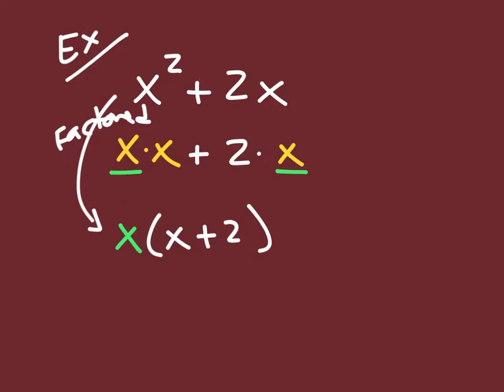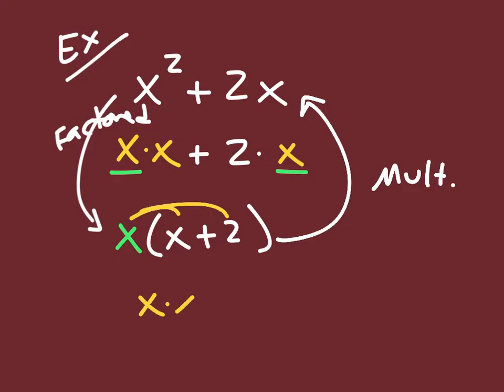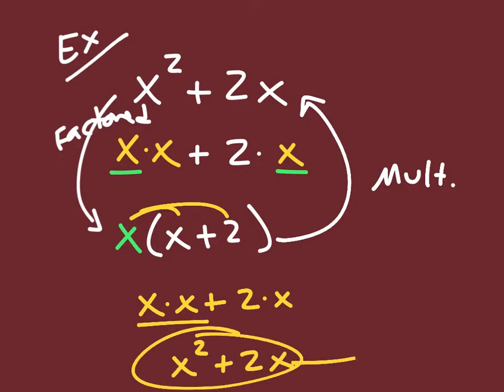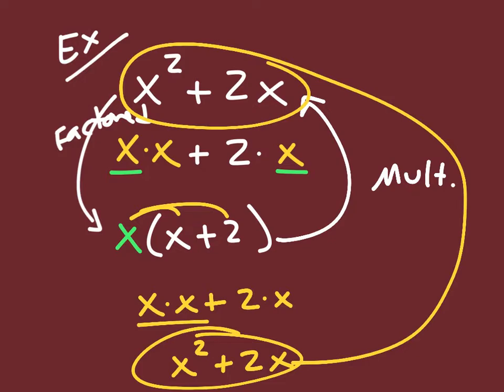Now, to check to see if you're right, you can multiply that back out and see if you get the same thing. So if you distribute that x, you get x times x plus 2 times x, which is x squared plus 2x, and you land back where you started. Then you've factored this correctly, and this is your answer.